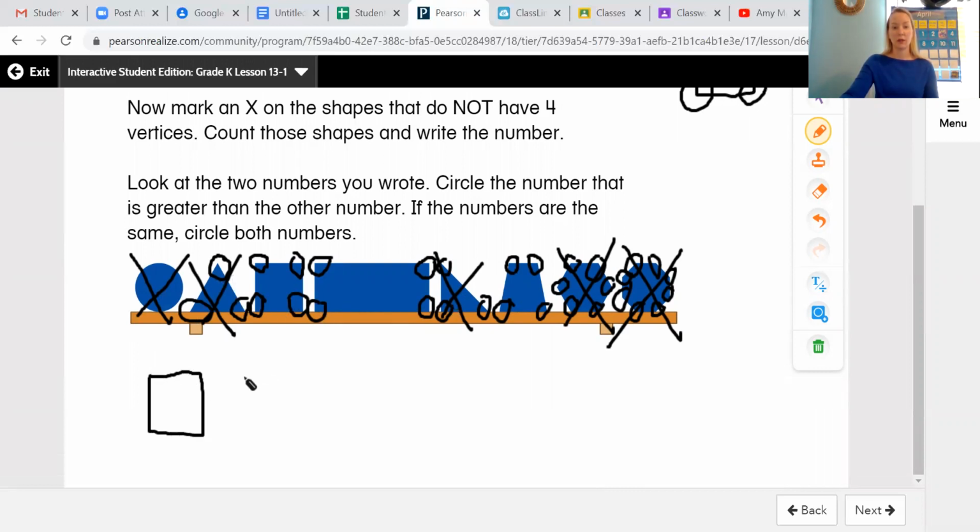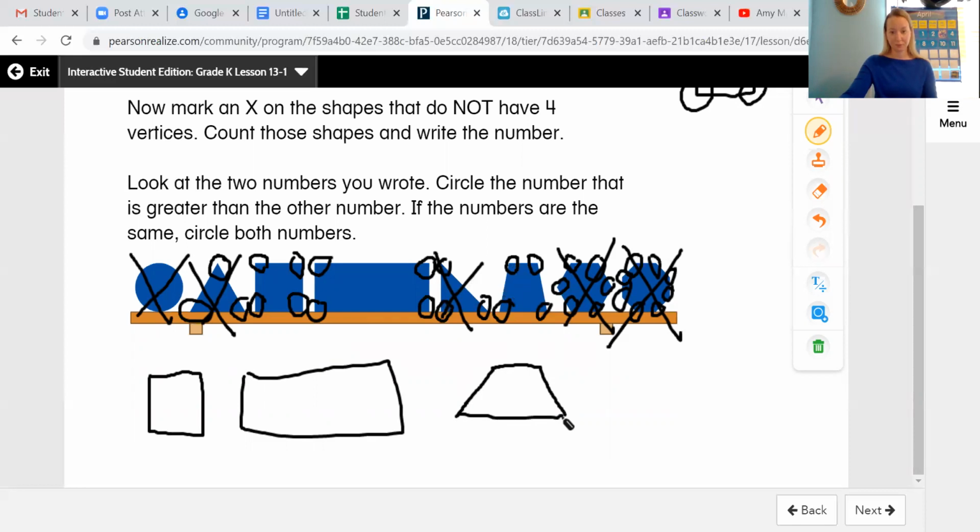Next one was a rectangle that had 4 vertices. So go ahead and draw a rectangle. I'm doing my best. And this one right here is a trapezoid. So a trapezoid, we're going to draw a little bit shorter line on the top, and then these 2 outer lines are going to go a little bit angled out, and then a line to connect at the bottom.